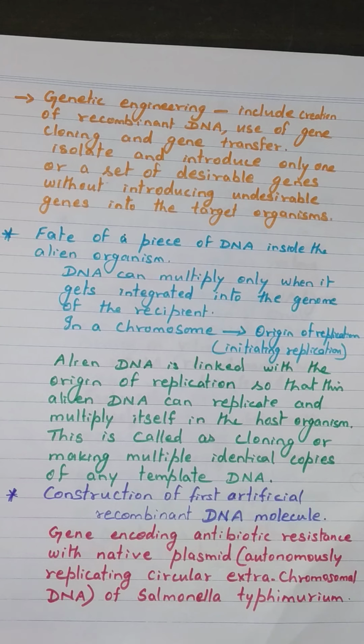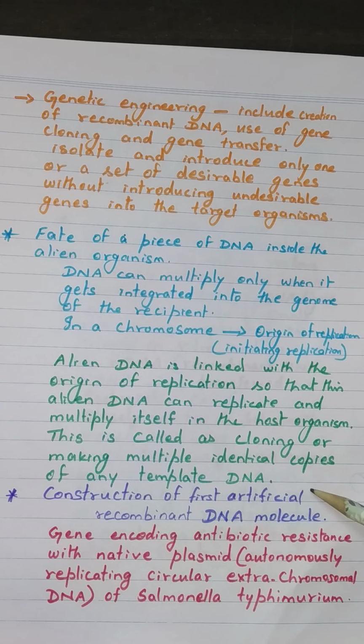Salmonella typhimurium is a prokaryote. While studying prokaryotic cells in 11th standard, I told you what a plasmid is. You will study in detail about this plasmid in your 12th standard, I told you. So what is a plasmid? These prokaryotic cells have genetic material, and one circular autonomously replicating extra-chromosomal DNA is also present in the prokaryotic cells, and that is known as a plasmid.